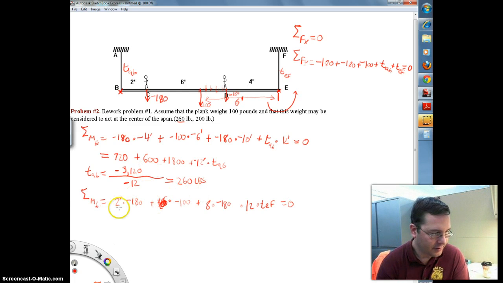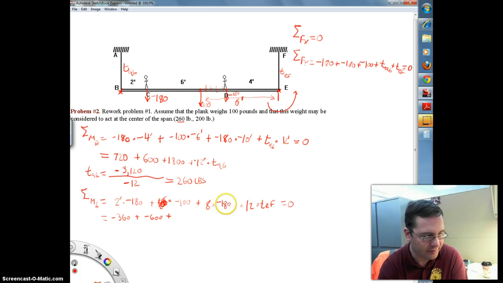Turning the crank, we get negative 360 plus negative 600. Let's write those down. Plus 8 times negative 180. Well, 8 times negative 100 is negative 800, plus another negative 640, negative 1640, plus 12 times the tension in wire rope EF.